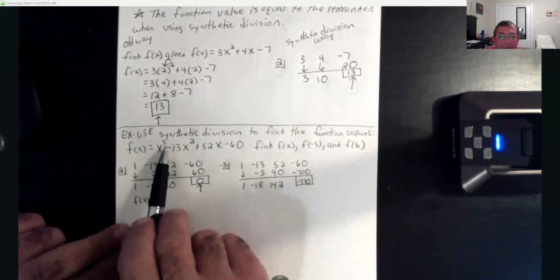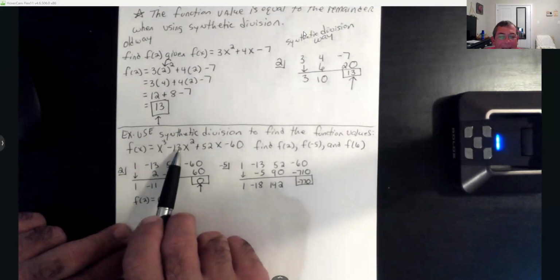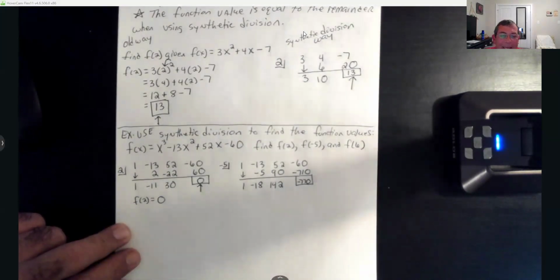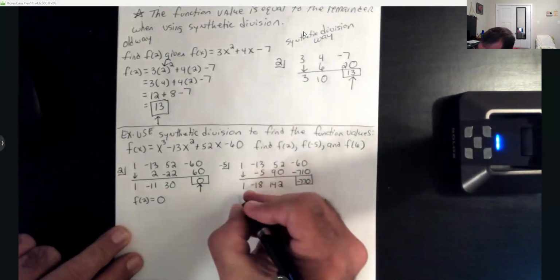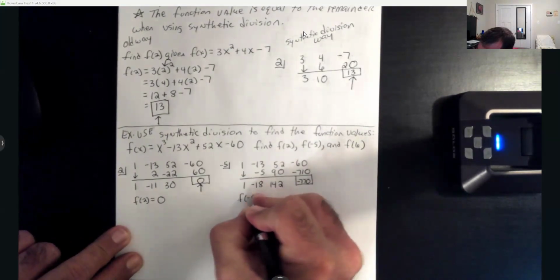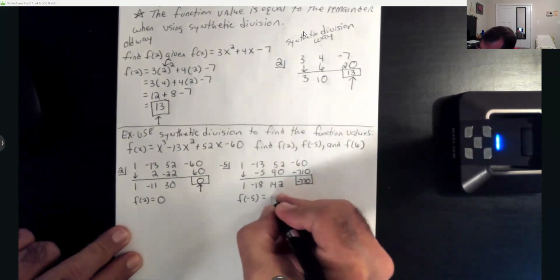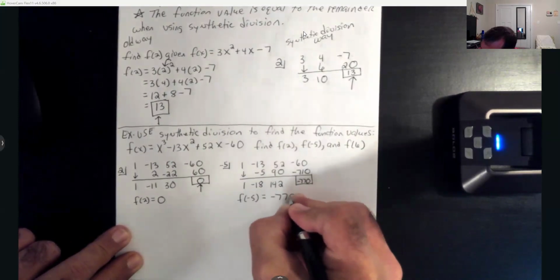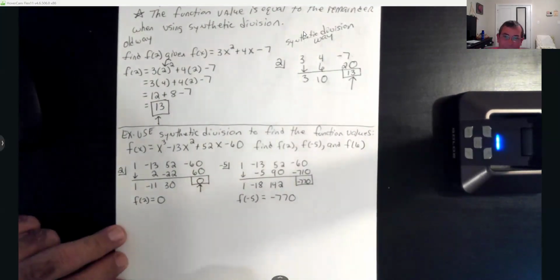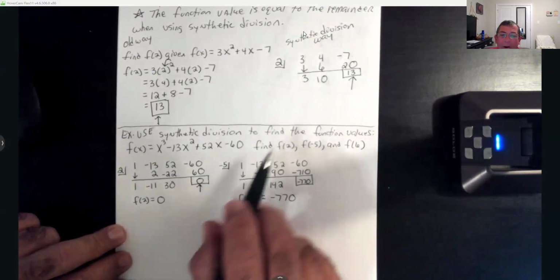So that's the same answer I would have got if I'd have put negative 5s in for all these x's. So f of negative 5 equals a negative 770.